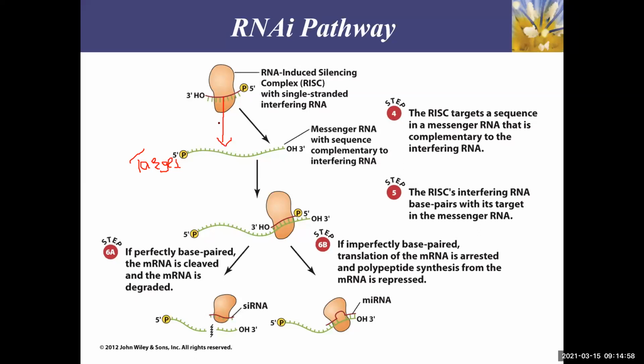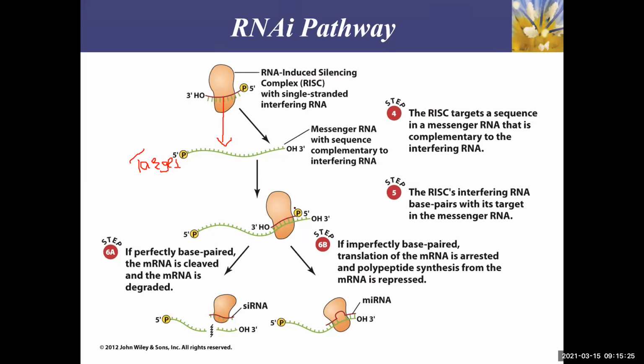The maroon one is our microRNA or the siRNA. The green one is the viral RNA. So the two strands of RNA join to each other.